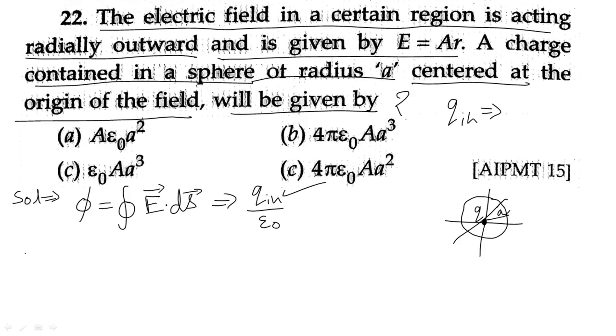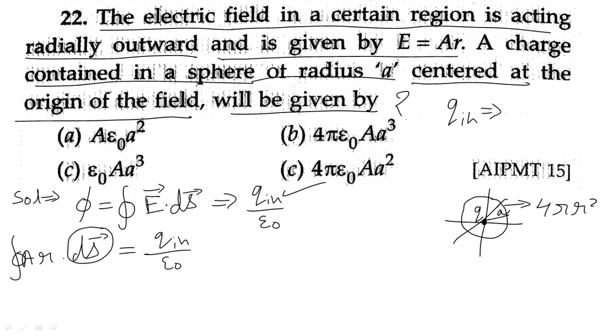The electric field is given by Ar, and the closed loop integral of ds gives the surface area of the sphere, equal to q enclosed by epsilon naught. The surface area of a sphere is 4 pi r squared, which we already know, so we don't need to integrate.